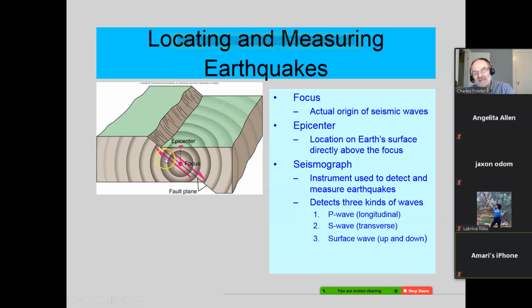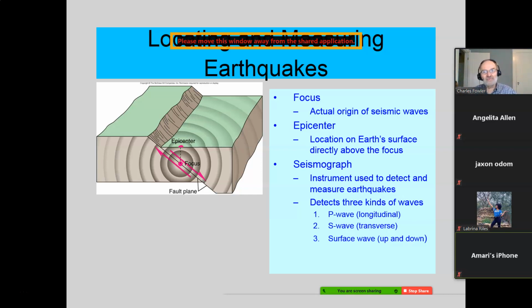Once they get to the surface, the seismic waves have nowhere else to go, so they start moving along the surface like this. That's what we call the surface waves, and they go like this. They're primary and secondary waves while they're coming through the earth. When they reach the surface, then they go laterally, and those are called the surface waves.